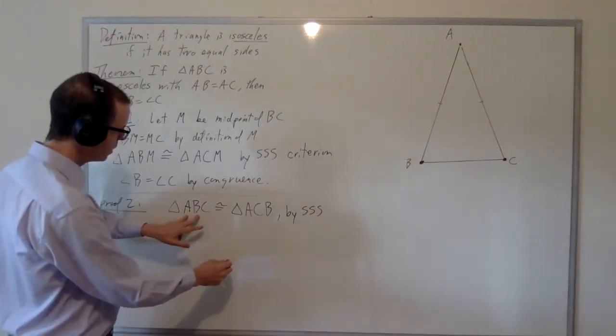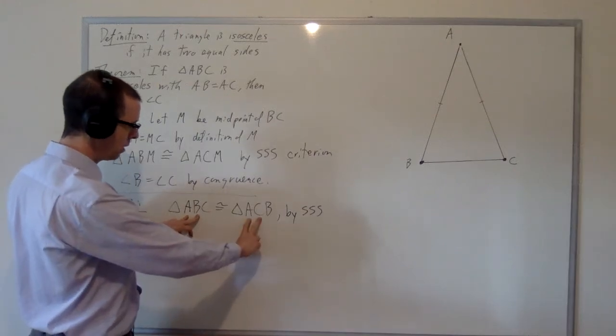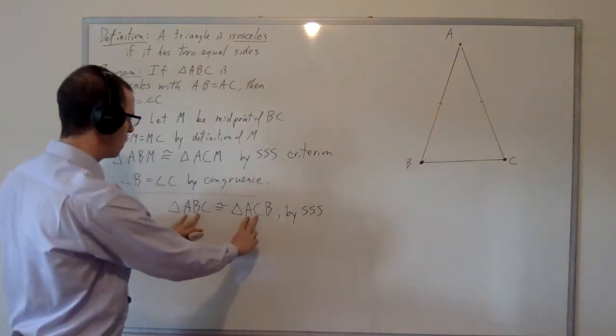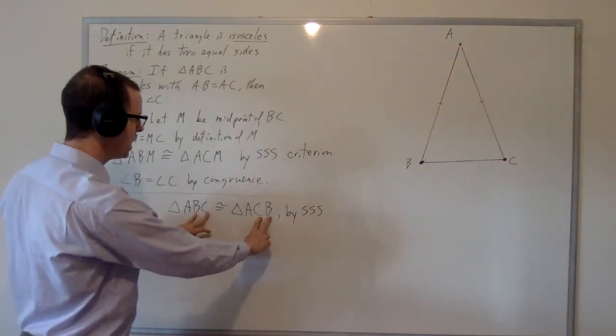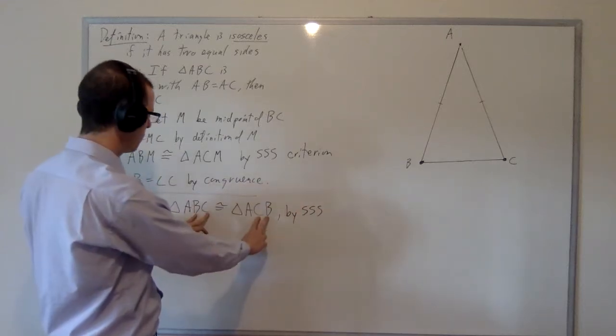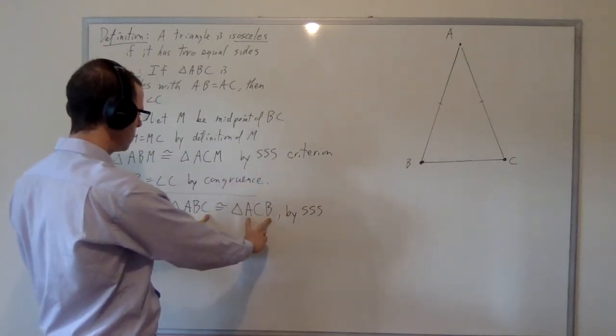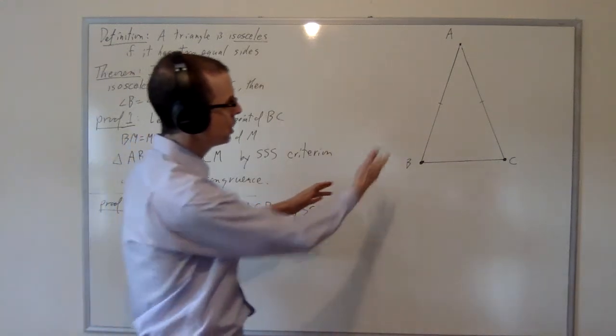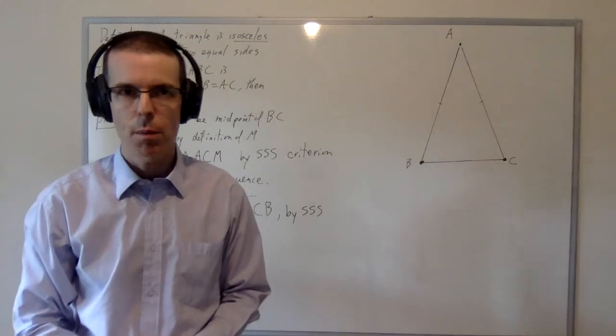The first is the statement that AB is AC in length. That's one of the assumptions. The next is the statement that BC equals CB. That's the same segment. And the third side is the statement that AC equals AB, which is, again, a rephrasing of the hypothesis.